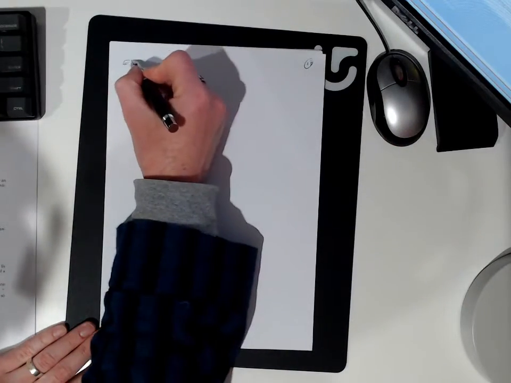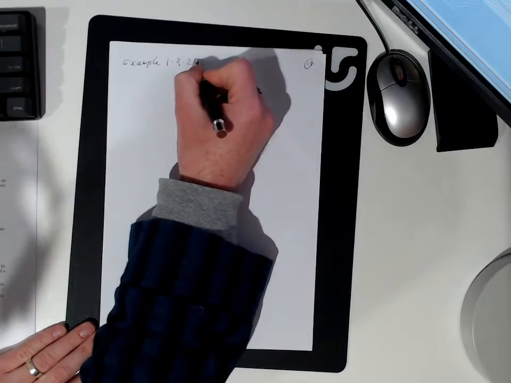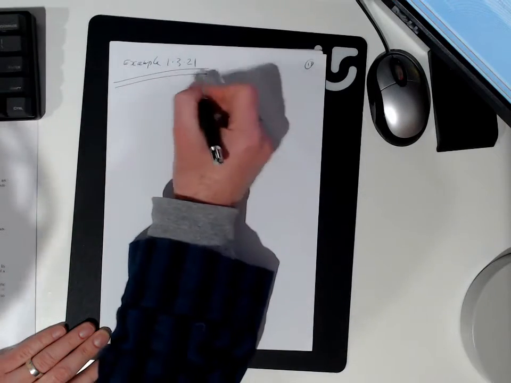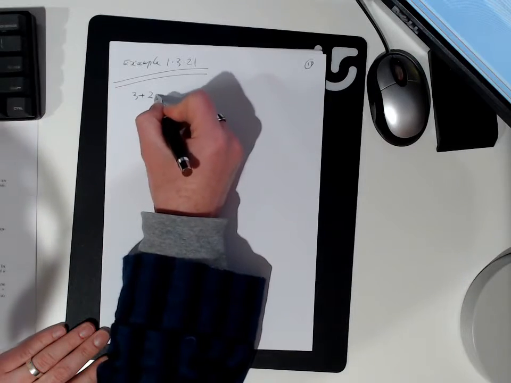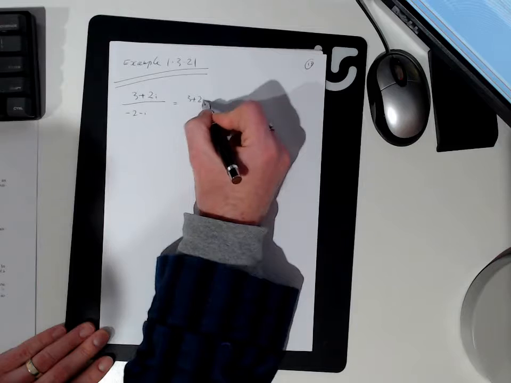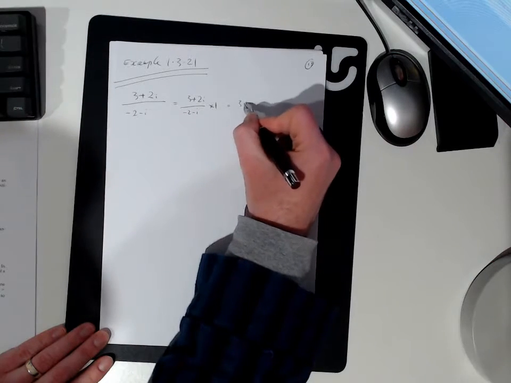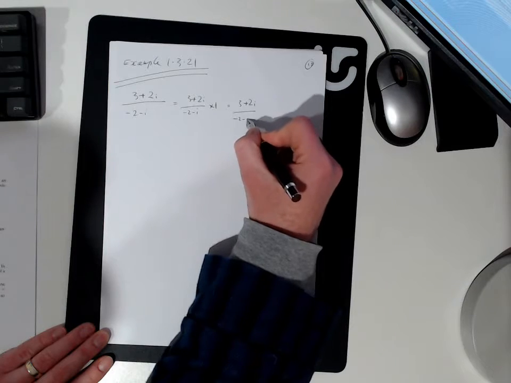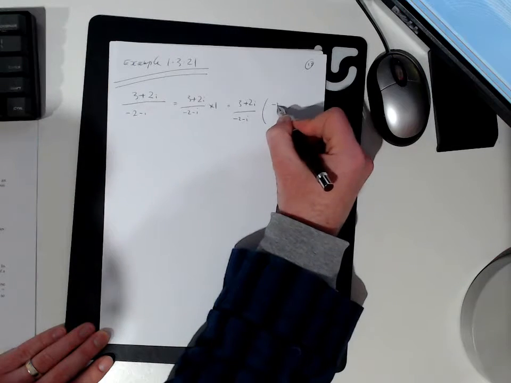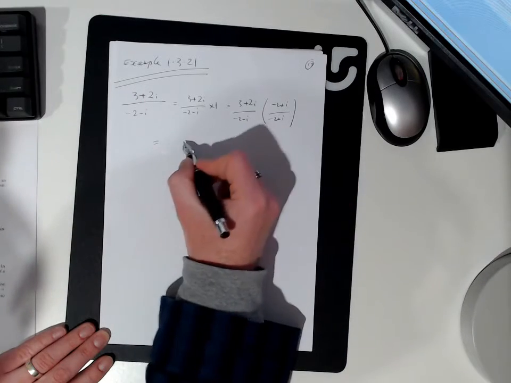Okay, so now we've got an example, 1.3.21. (3 + 2i) divided by (-2 - i). We multiply by 1, written as (-2 + i) over (-2 + i), and split this up. Now we multiply stuff through.